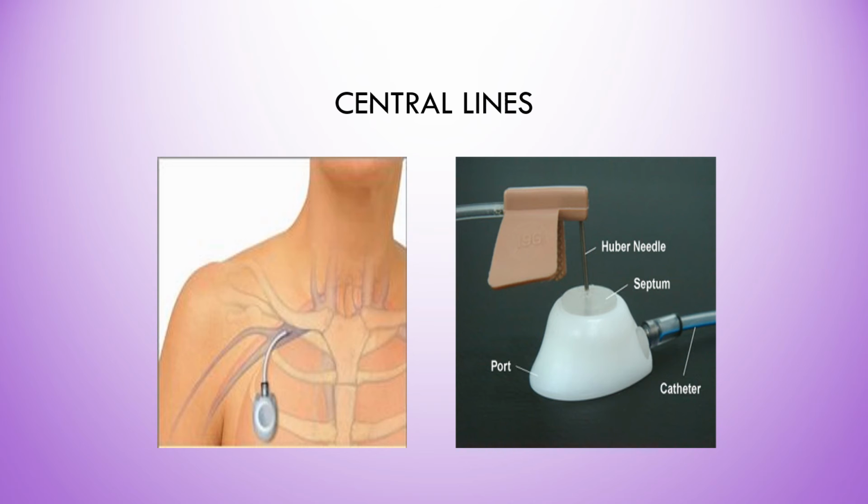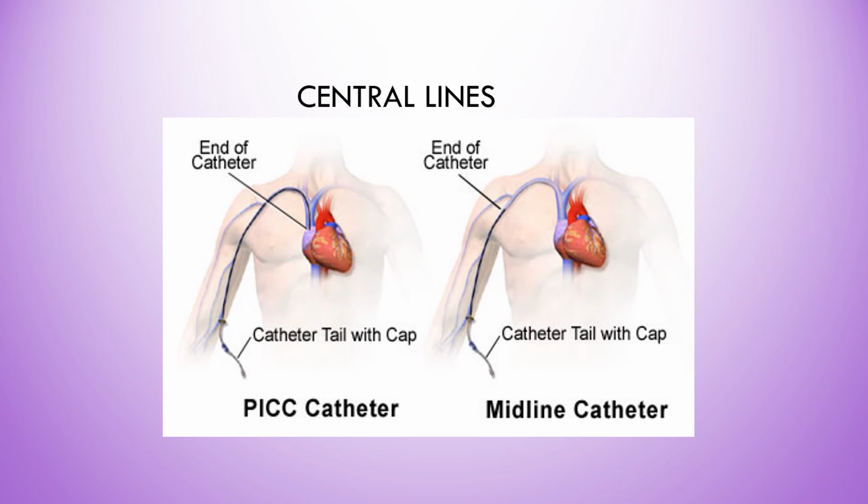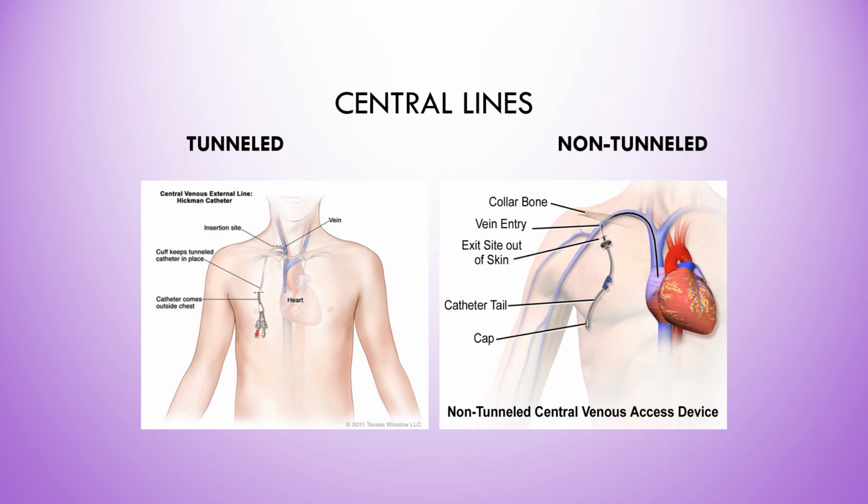And we can use this for blood draws and chemo administration. The only thing you cannot put into this type of central line is TPA. It's too sticky and has too high of a glucose content, and it can cause increased infections and blockages. These are other central lines that are safe for chemotherapy, and here are some more.